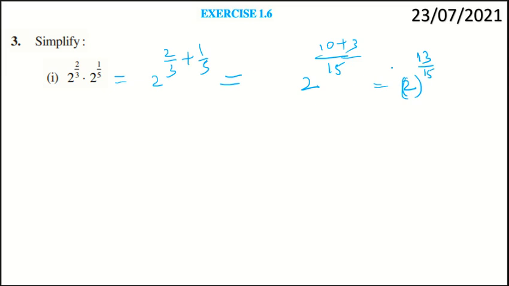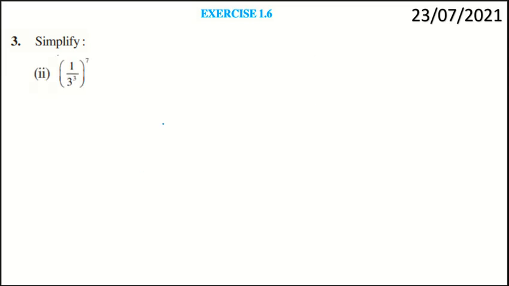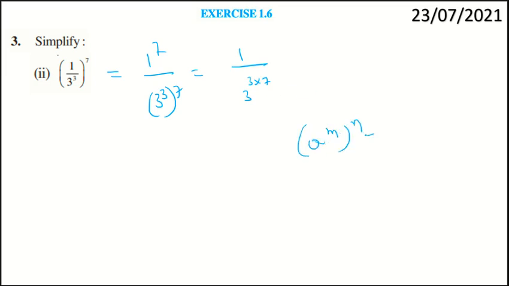Then third sub question number 2, (1 by 3 cube) whole power 7 is 1 power 7 by (3 cube) whole power 7, where 1 power 7 is nothing but 1 only. 3 power 3 whole power 7 is simplified with the law (a power m) whole power n is a power m into n.